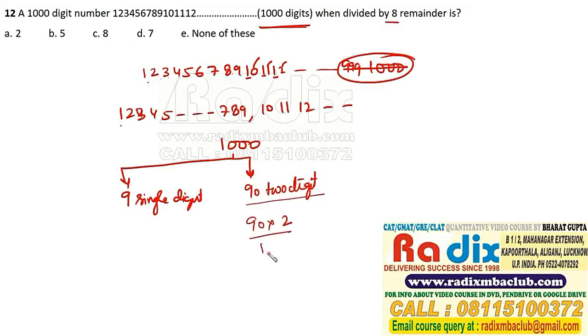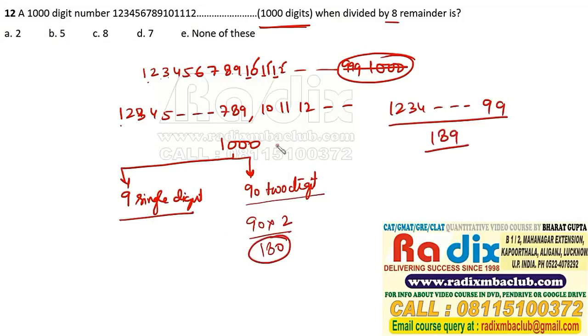So there would be 180 digits. Means if we write 1, 2, 3, 4 up to 99, we will write a total of 189 digits: 180 digits from this and 9 digits from this. Then total 3-digit numbers are 900. If we multiply this by 3, this would be 2700, and we have to calculate 1000 digits.